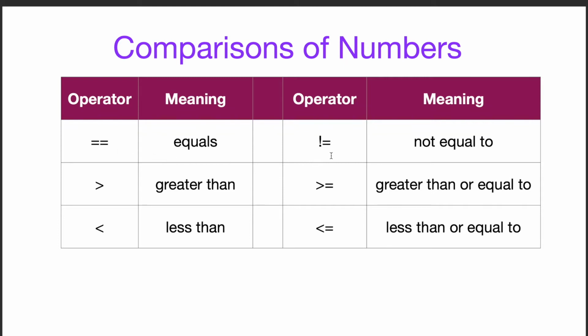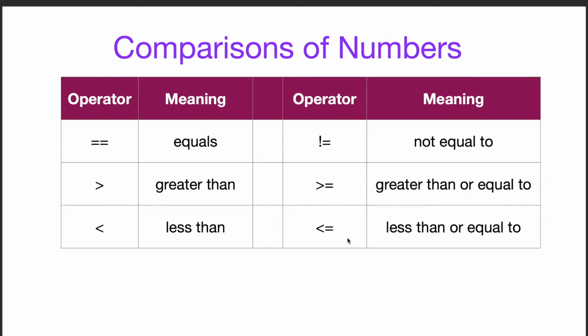And if we want to see whether they are not equal, we use the exclamation mark equal, or we can say not. The next one is greater than, that we use this symbol. And if we want to say greater than or equal to, we should use the greater than symbol and equal, and similarly for less than or less than or equal to, we use these symbols.